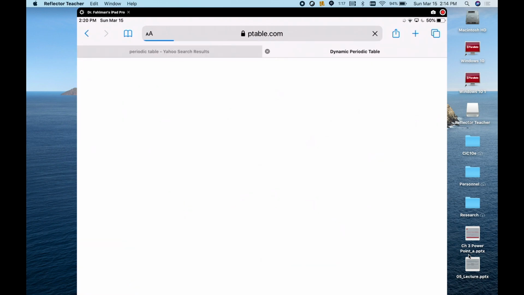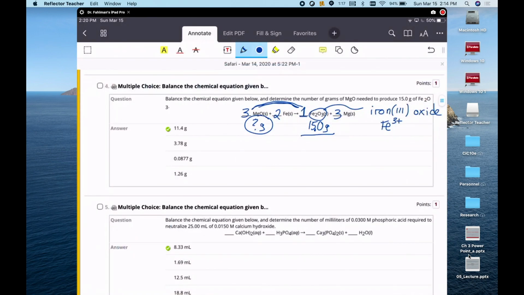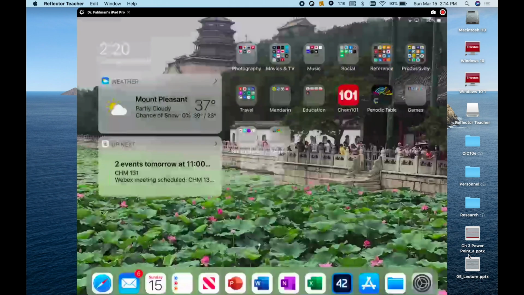So iron is 55.845. And we have 2 of them. And then oxygen, we can just say is 16.0. And we have 3 of them. Okay, so calculator.